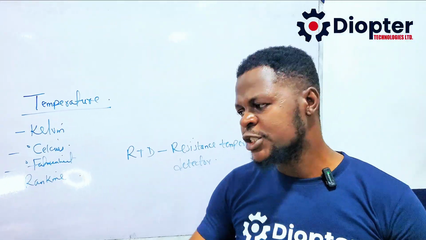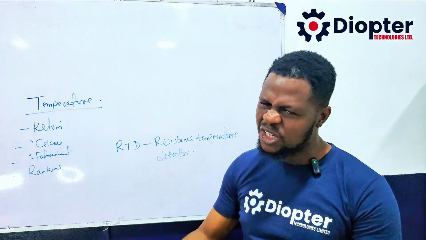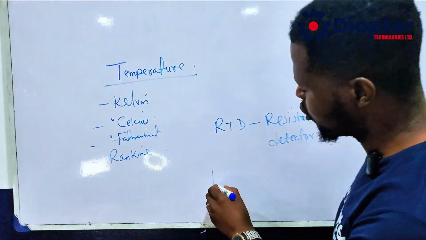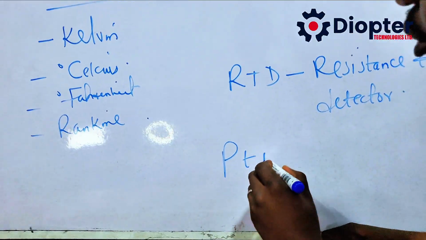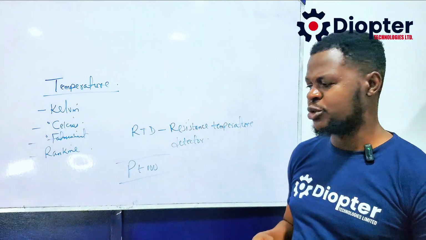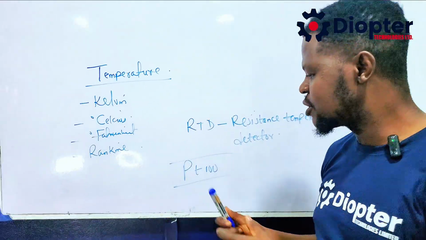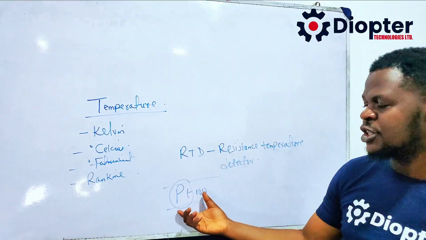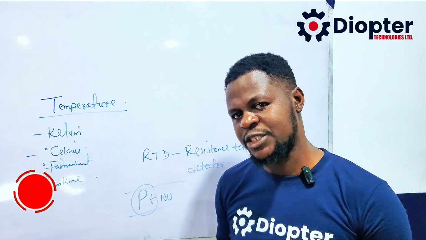There is this RTD which is commonly used in the process plant, and that RTD is called the PT100. This is one of the commonest RTDs used in the process plant. The PT here is platinum, because many times this RTD is made of platinum.